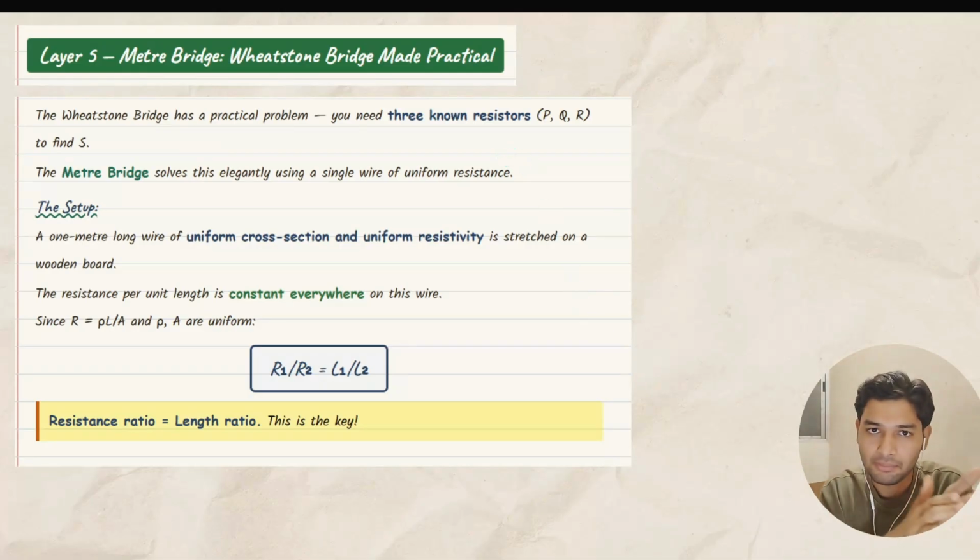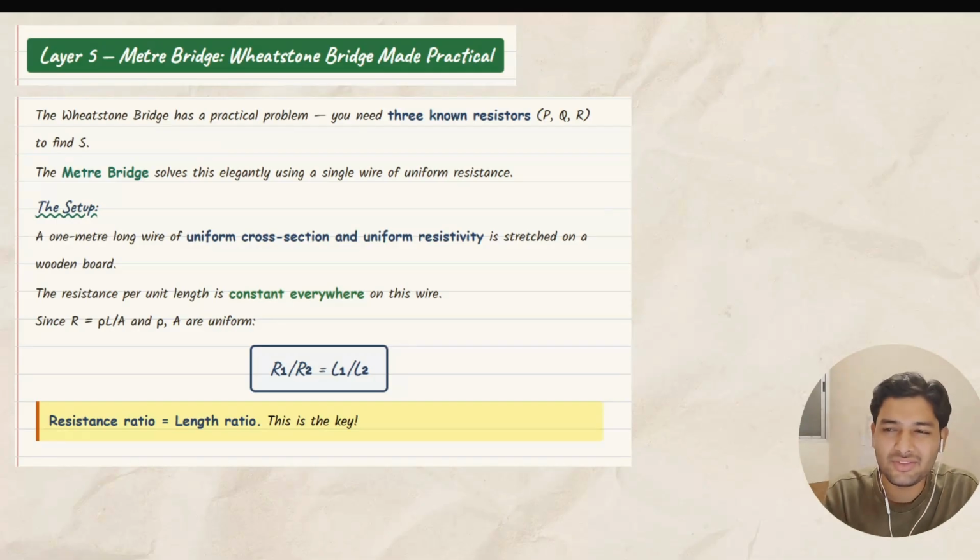The Wheatstone bridge was basically on Ohm's law, and the Metre bridge will be on resistivity. In the Wheatstone bridge we were comparing resistances, and here we will compare resistance with its length. Where do we find the comparison of length with resistance? That is resistivity.